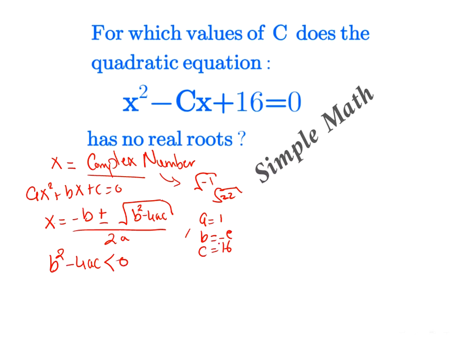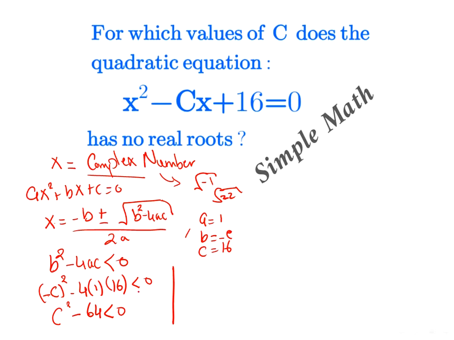We can substitute the values that we've got. b equals negative c, so it will be negative c all squared minus 4 times a, which is 1, times c, which is 16, less than 0. Negative c all to the power 2 is c squared, minus 4 times 1 times 16 is 64, less than 0.